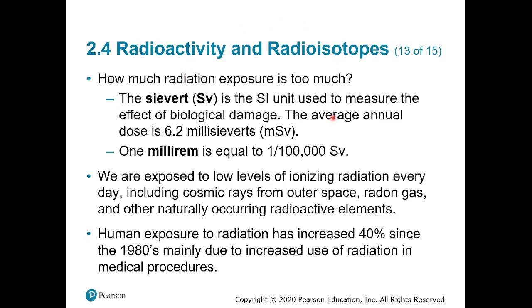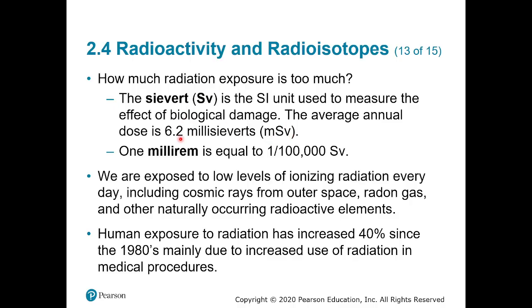So how much radiation exposure is too much? Okay, so we need to talk about some units. There's the sievert, which is Sv. This is the SI unit of radiation here. This is actually the measure of the effect of the biological damage from that radiation. Your average dose in a year would be 6.2 millisieverts. So milli and sievert.